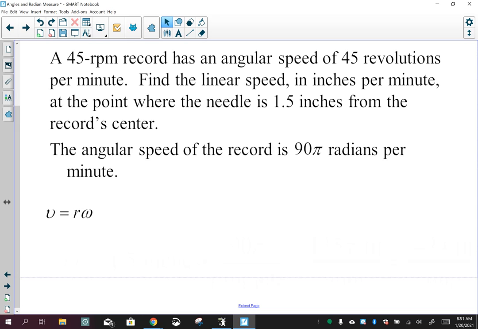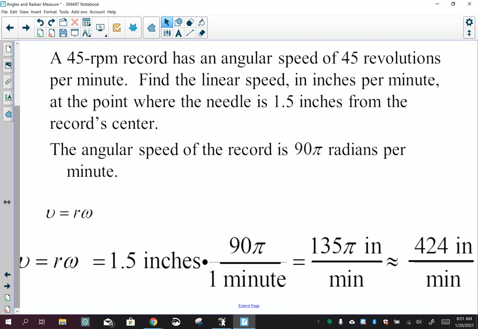Now I can use this formula: 1.5 inches times 90 pi for 1 minute gives 135 pi inches per minute, which is roughly 424 inches per minute. That's what it's moving per minute.